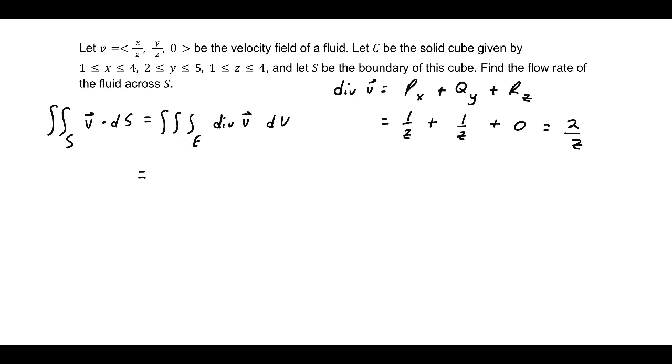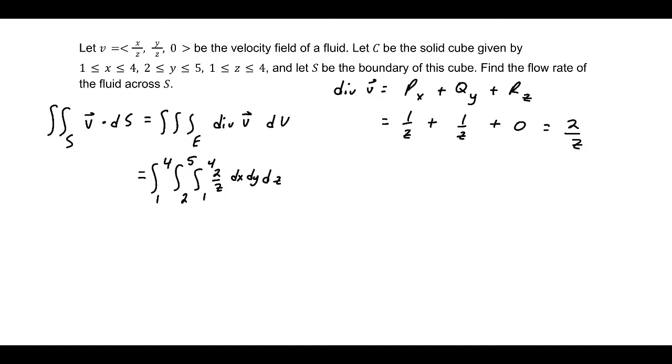So we need to find the integral from 1 to 4 with respect to z, of the integral from 2 to 5 with respect to y, of the integral from 1 to 4 with respect to x, of 2 over z.